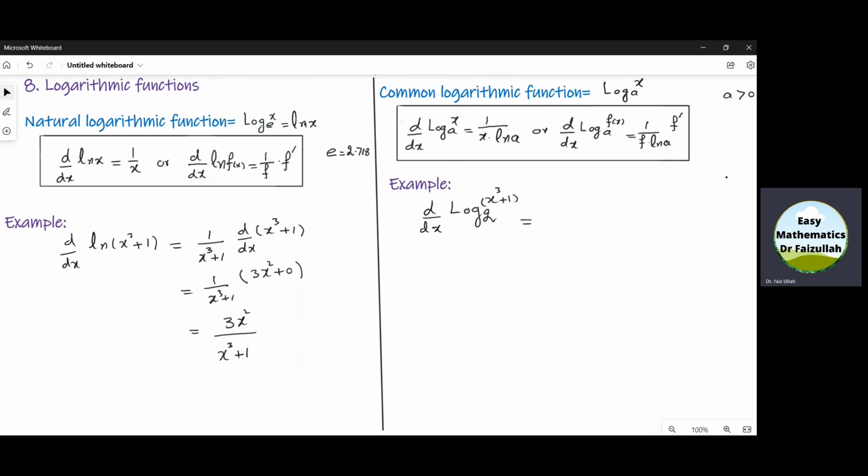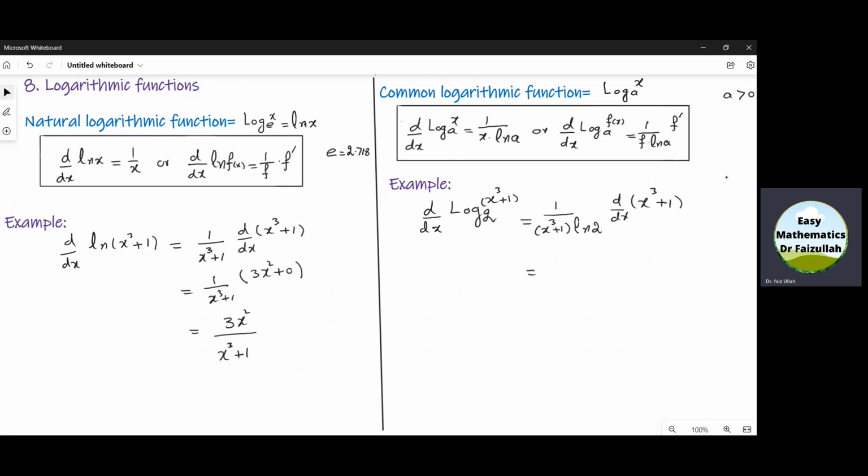This is equal to, according to that formula, we have to write 1 over f of x. Now f of x is x cube plus 1 into natural log of a, and a is here 2, and then d by dx of the inner function, which is x cube plus 1.